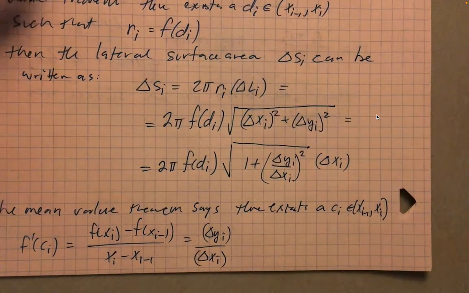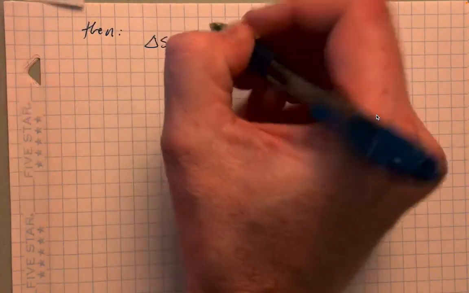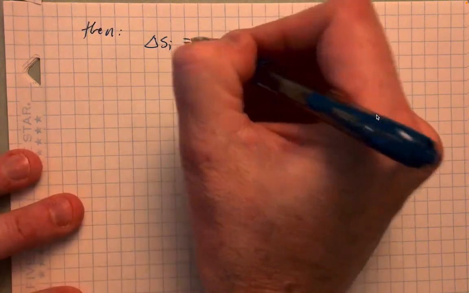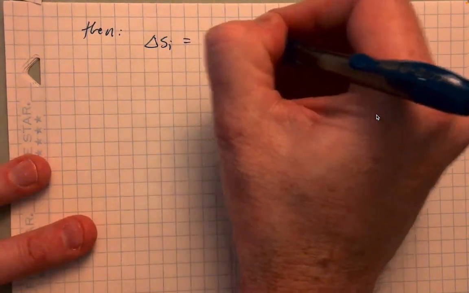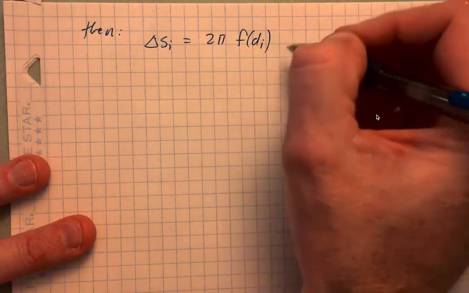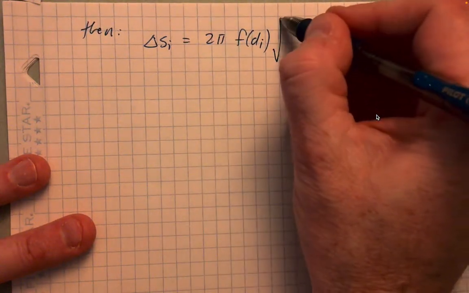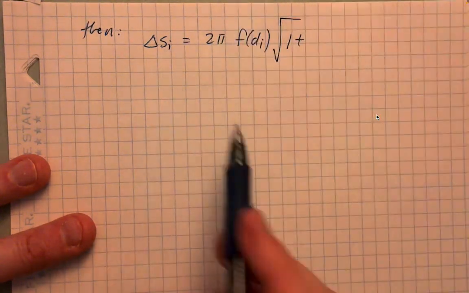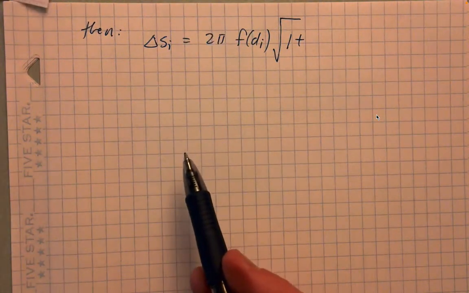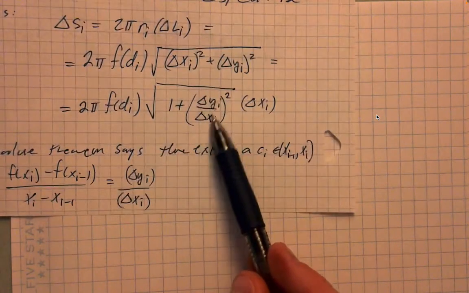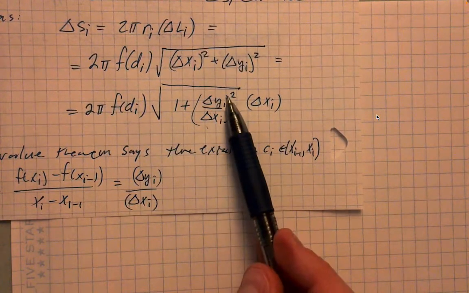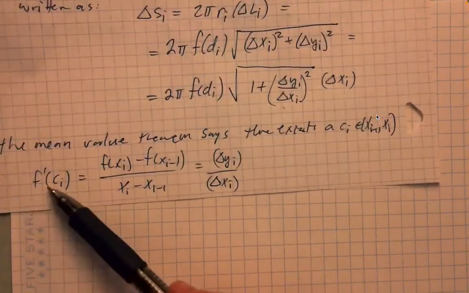So given that, we can finally say that our delta Si is equal to 2 pi f of di, so this is stuff we all had before, times the square root of 1 plus, now instead of delta yi squared over delta xi squared, let's plug in this instead.